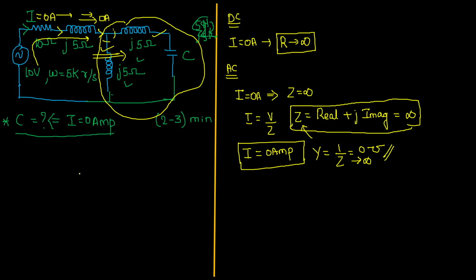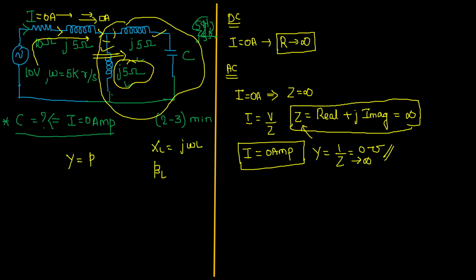Okay, how will you write the admittance? First of all, admittance can be written as, let us take the first branch, reactance is given as what? J5 omega. Am I right, sir? Yes. So basically that is XL, that can be written as J omega L. But we are going to write admittance, so what is the reciprocal? Inductive susceptance.